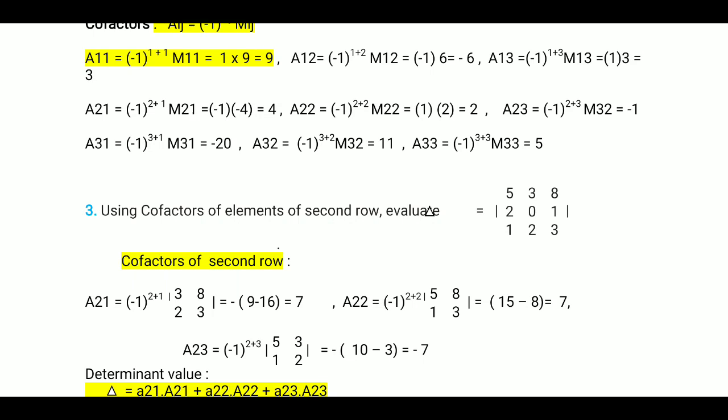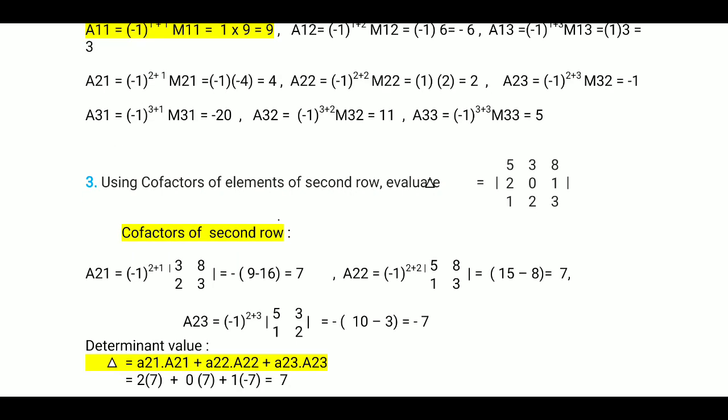Similarly A22, because you have to find the cofactors of the second row. The second row's other element is A22, which is 0, but its cofactor is minus 1 power 2 plus 2.